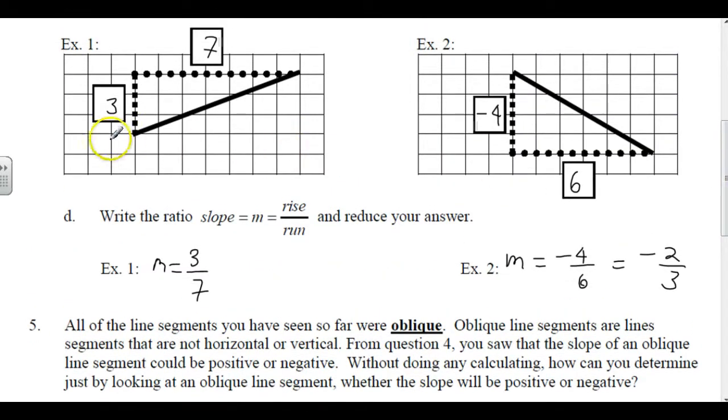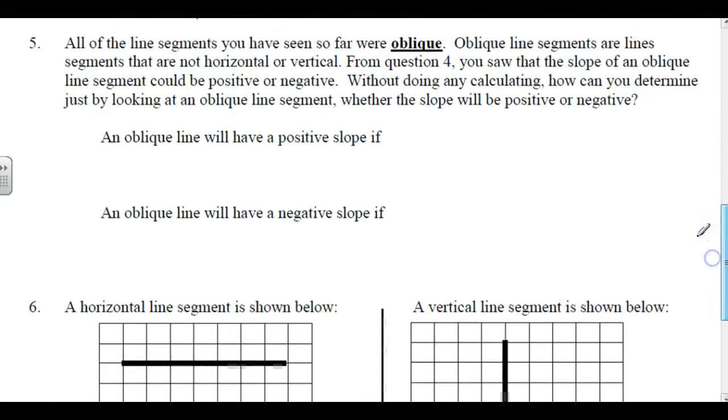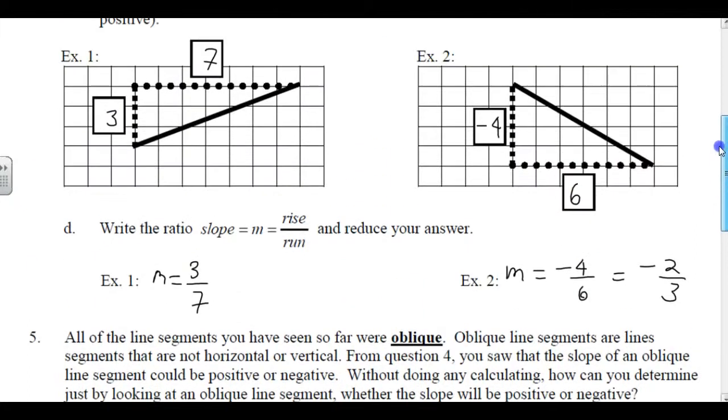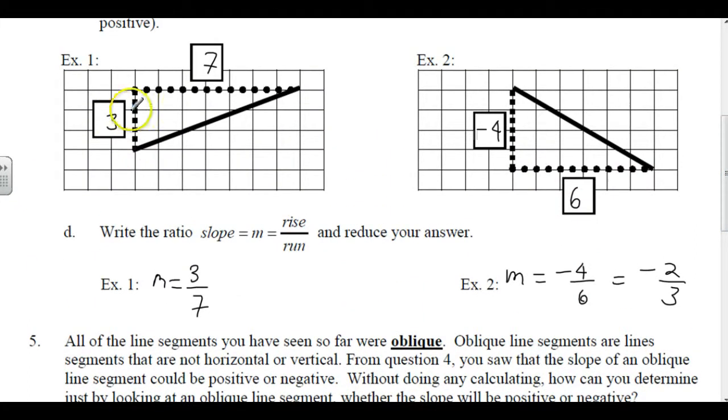If we're always going to the right, then the run will always be positive, so it's up to the rise to determine the sign. So an oblique line will have a positive slope if it rises to the right. So in other words, if it goes up.